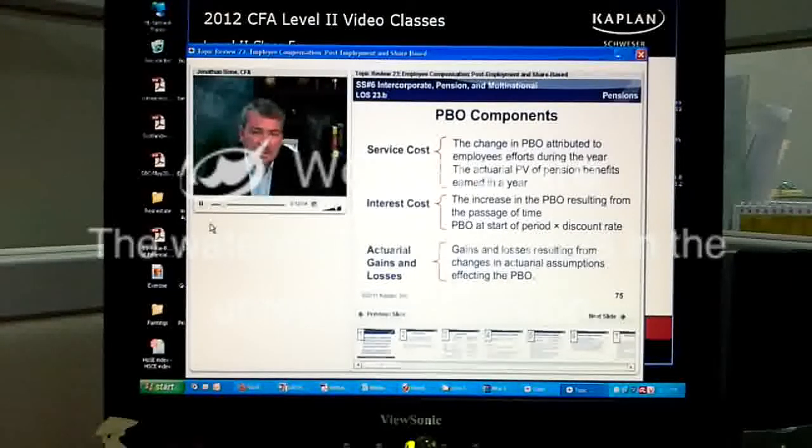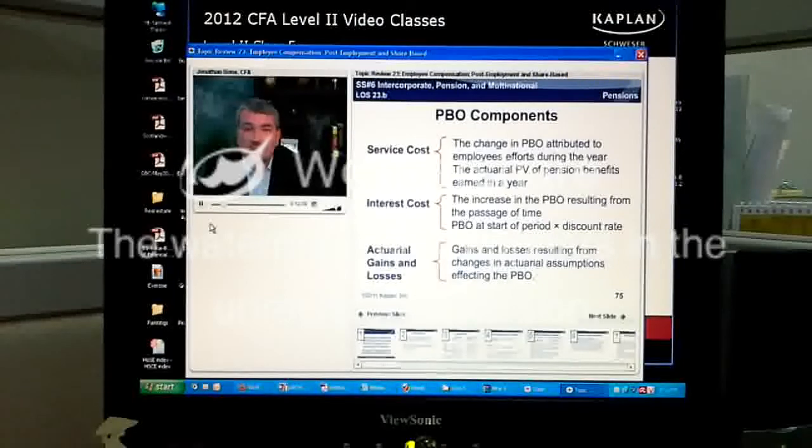Actuarial gains and losses. These are changes in the liability, changes in the PBO as a result of the actuaries changing their assumptions. Now, what kind of assumptions do they use? Discount rate for one of them, to discount those future cash flows back to today's date. Change the discount rate, you change the PBO. So discount rate is key. Rate of final salary, of course, what your final salary is likely to be.